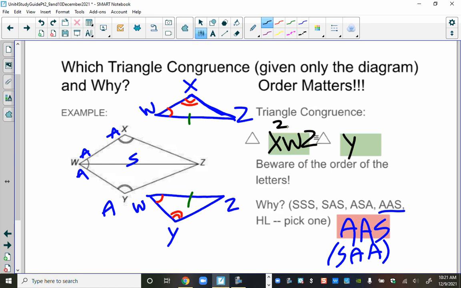So now we're going with arcs. Why? Because they have two. W has one. And then Z is going to have 0.